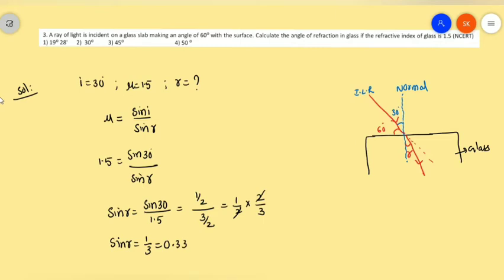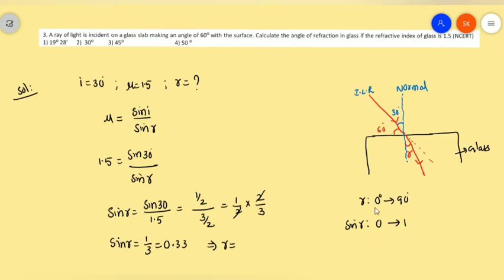Then what is the value of r? You know that when angle of refraction value increases from 0 to 90 degree, then sin r value increases from 0 to 1. So that means corresponding to an increase in the angle of refraction, when theta value increases, then sin r value also increases.